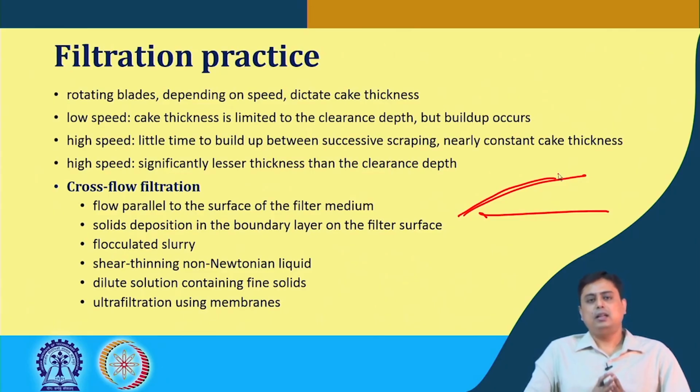In this case, the cross flow rate is in fact several times higher than the dead end filtration flow rate. The inflow rate or the feed rate in such cases, to have a fixed rate of filtration, differs by an order of magnitude.